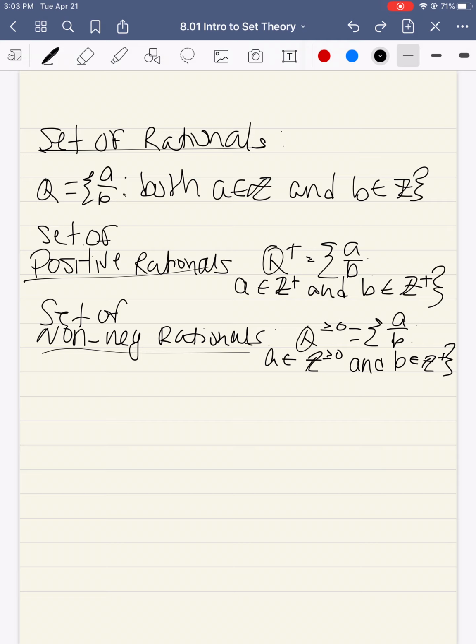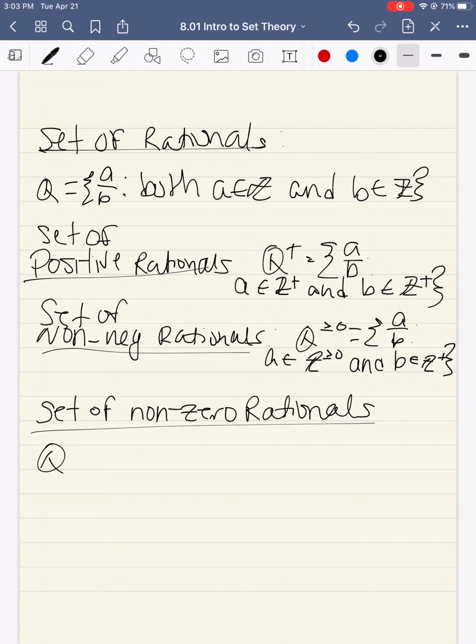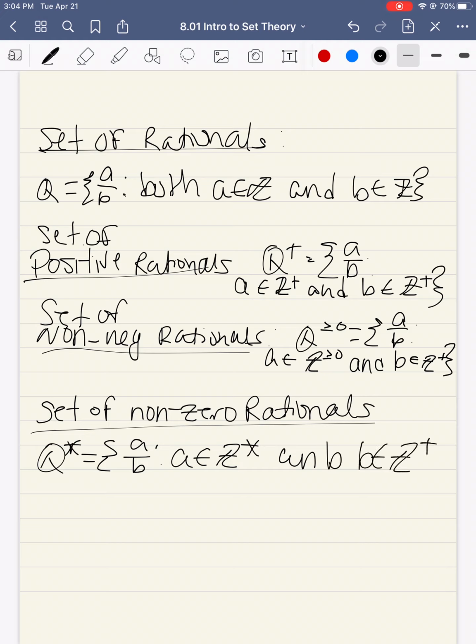So now we can say the last set of rationals here, the non-zero rationals. And we define this as Q with that asterisk above, and that is going to be equal to a over b, where a is a member of the non-zero integers, and b is a member of the positive integers.